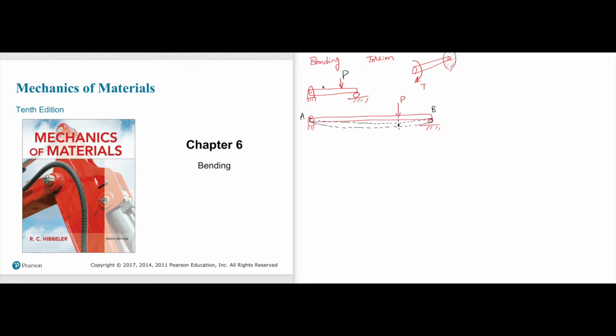So how can we cause bending? We can cause bending when we apply a transverse load. That means when we apply a load that is perpendicular to the longitudinal axis of the member. So this load is perpendicular, or the component that is perpendicular to the longitudinal axis of the member, that is the one that would cause bending.